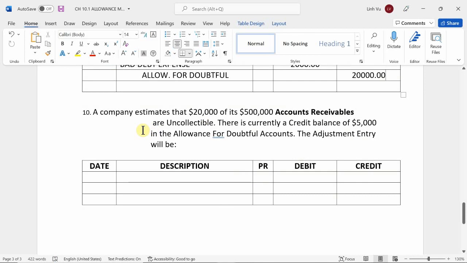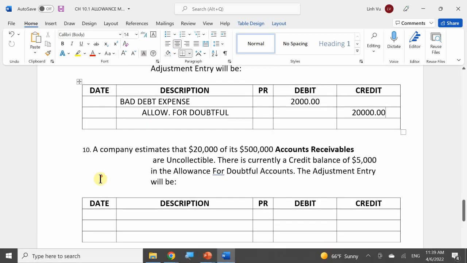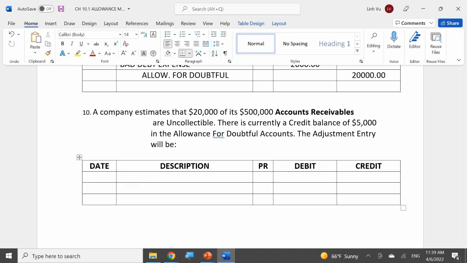Now here's the determining factor. You currently have a credit balance. So what does a credit balance tell you? What does the credit balance of $5,000 tell you? That will be added.